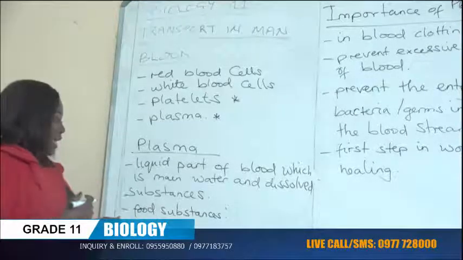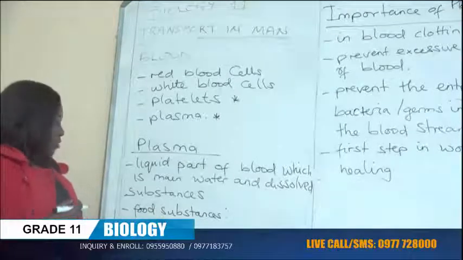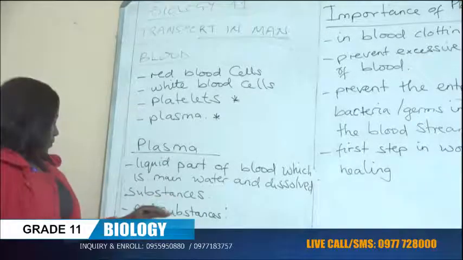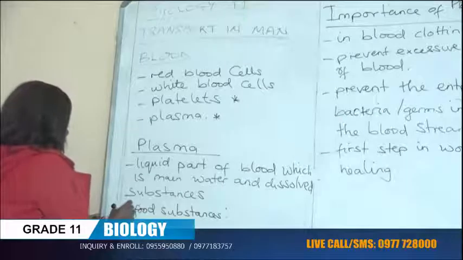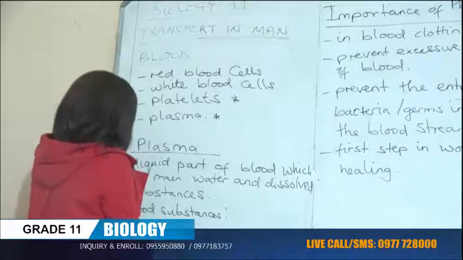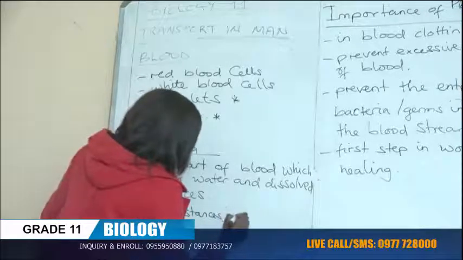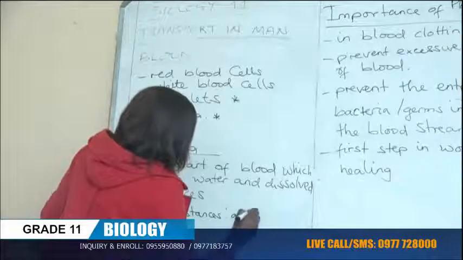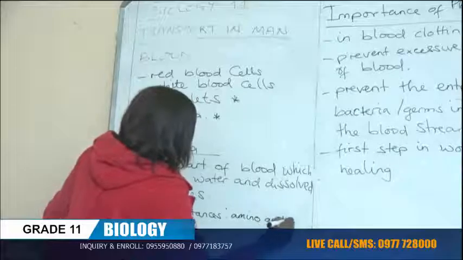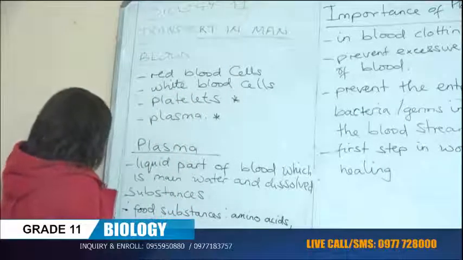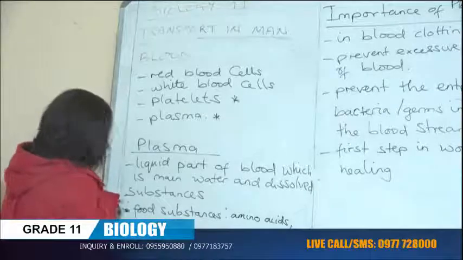They diffuse into the bloodstream to be used by the body. So these are the food substances that I'm talking about that are in the plasma. In addition to water, we have amino acids, which are the breakdown of proteins. We have monosaccharides, the breakdown of carbohydrates.